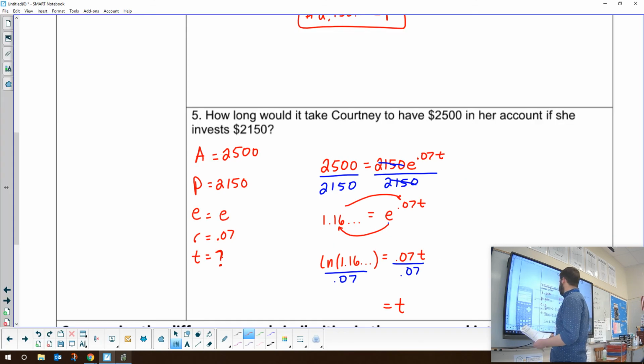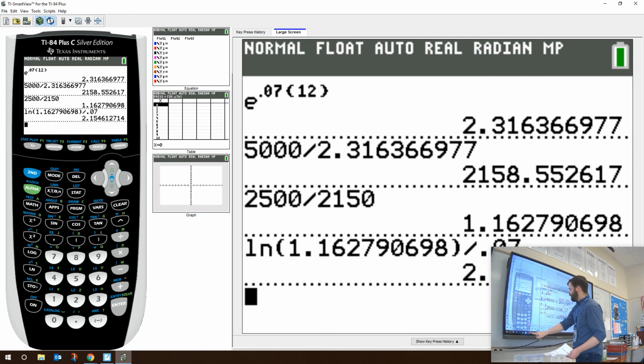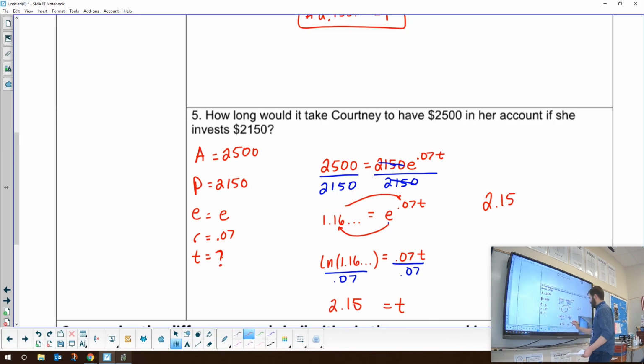Okay, so how long does it take? My time is going to be about 2.15. So what we can say is our answer, about 2.15. When I get more specific, it's 2.155. Round to the third decimal place, 2.155 years. And that's my answer there.